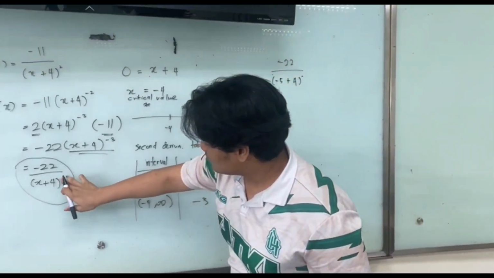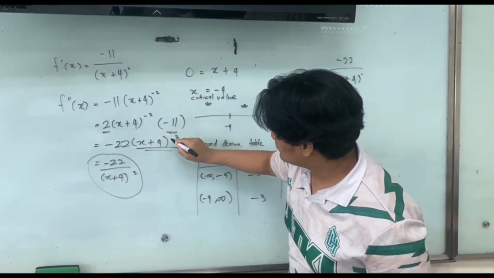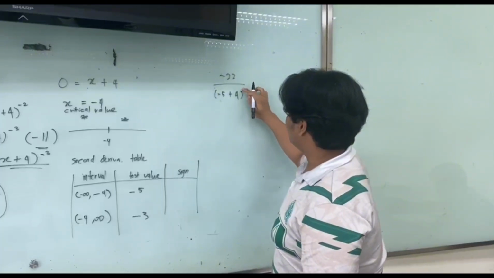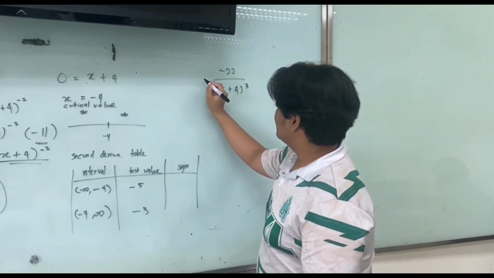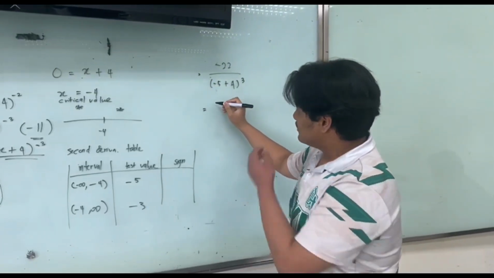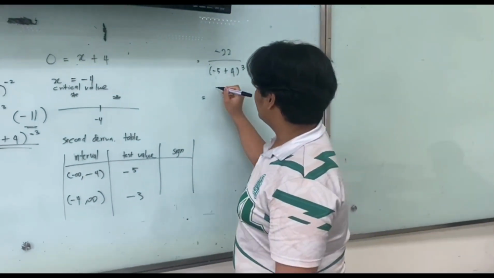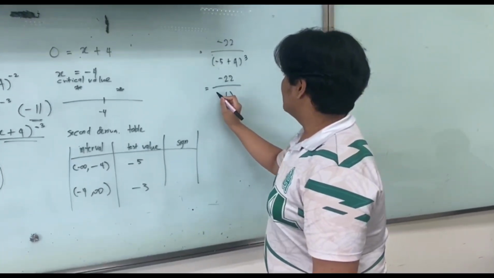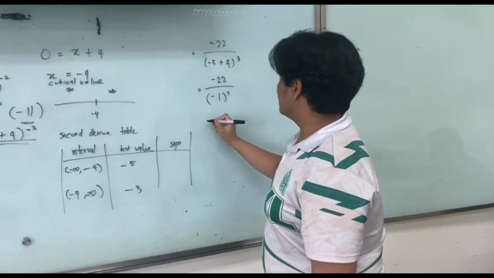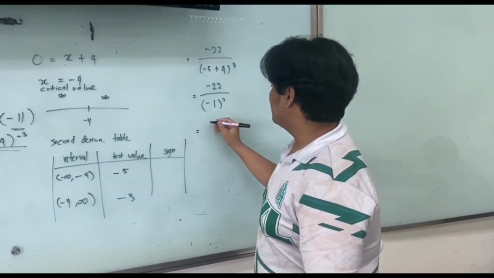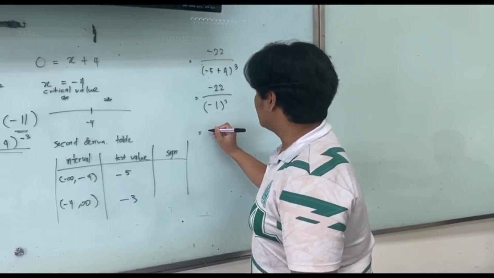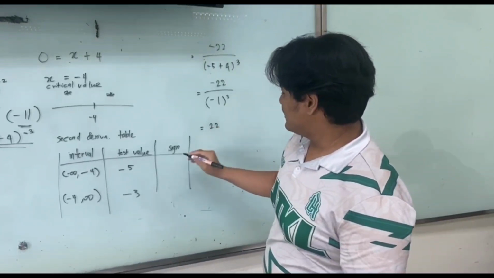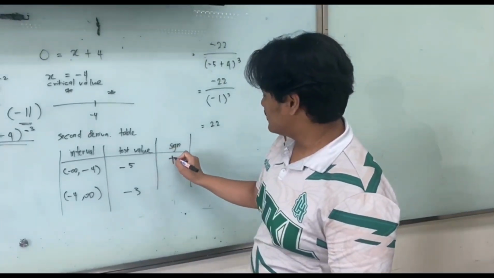Oh, sorry, I made a mistake here. Then after you calculate here, negative 1 to the power of 3 equal to negative, so negative 22 over negative 1 gives 22. So the sign here is positive.